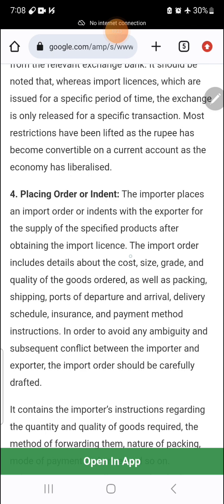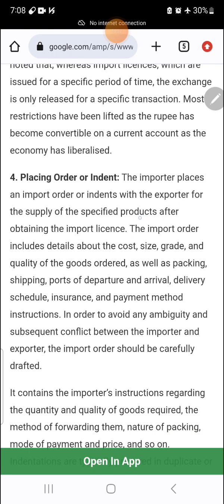The import order includes details about the cost, size, grade, and quality of the goods ordered, as well as packing, shipping, ports of departure and arrival, delivery schedule, insurance, and payment method.